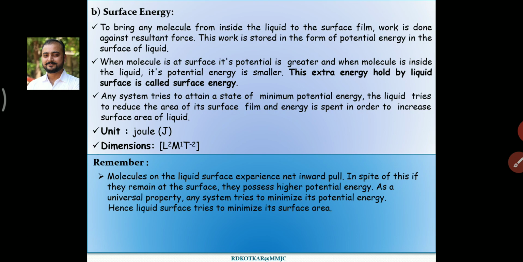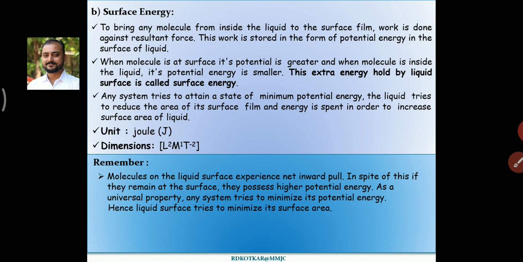For every kind of liquid, the molecules at the surface experience a net inward or downward pull. So the surface possesses high potential energy, and as they have to decrease their potential energy, they minimize their surface area.